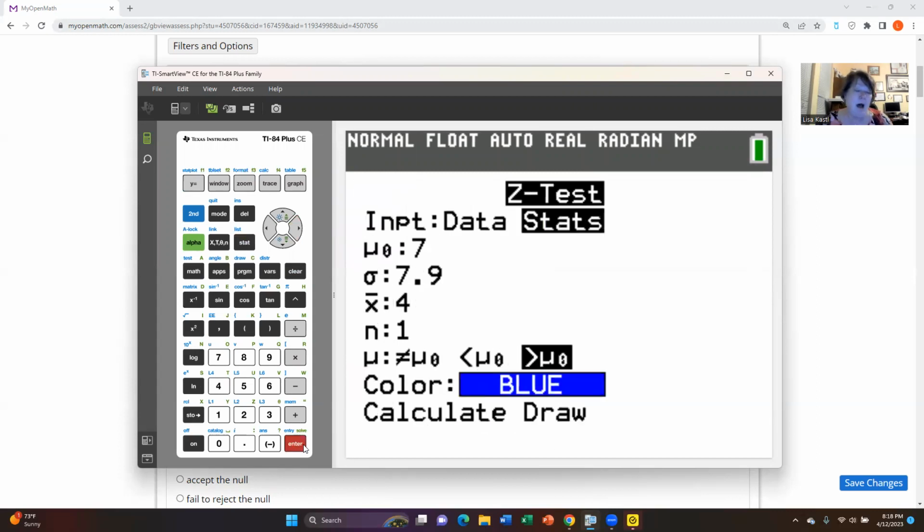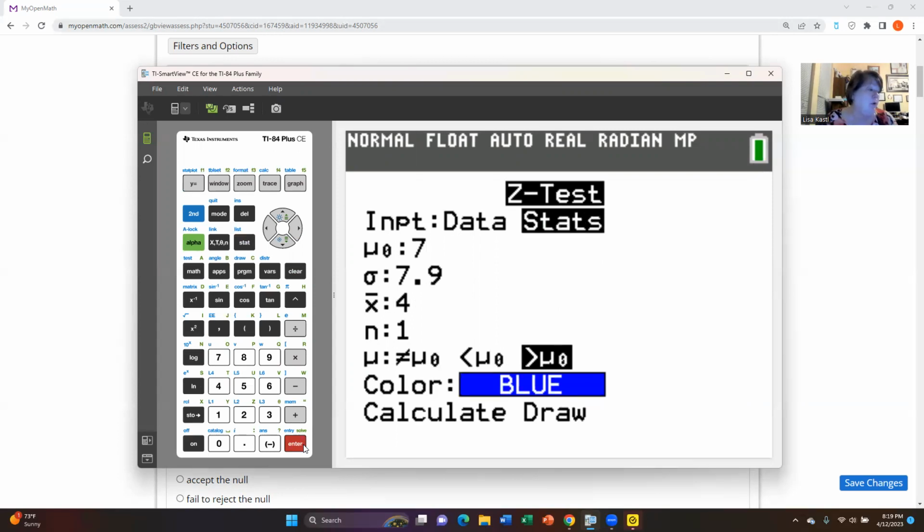Since I am given the mean, the standard deviation, and the size of my sample, I use stats. If I have data that's in a list, I would use data and tell my calculator what list I have that information in.